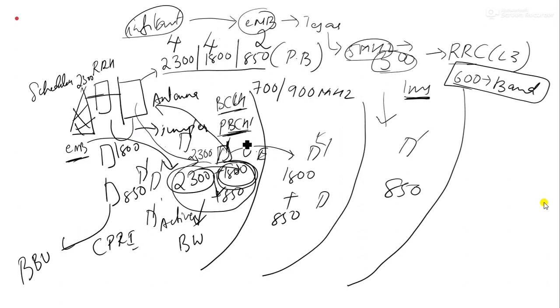In reality, it purely depends on whenever the user comes, the RF planning we have to do, or the scheduling algorithm we need to check. All these things matter for us to understand how much capacity an eNodeB can actually accommodate. But usually they say it is 600. I'm not sure whether it can accommodate 600 users at one point of time in a single band. It purely depends on various factors as well.